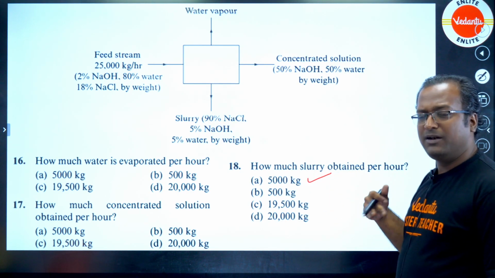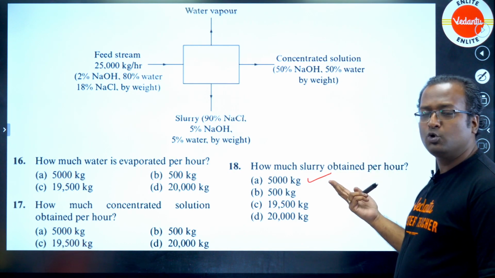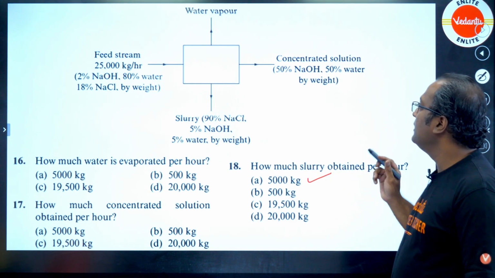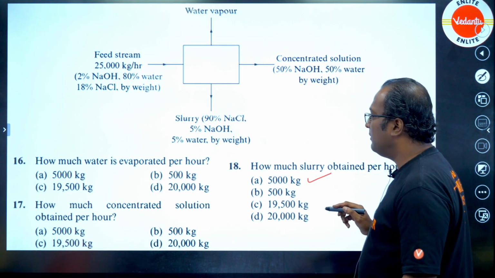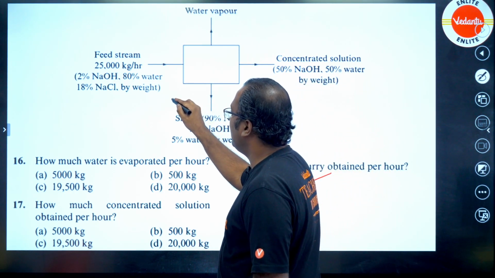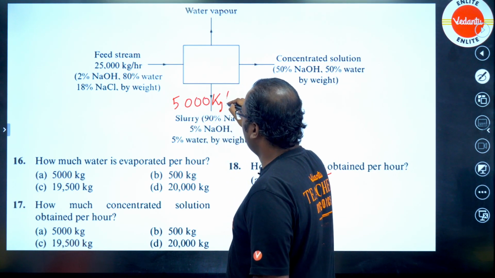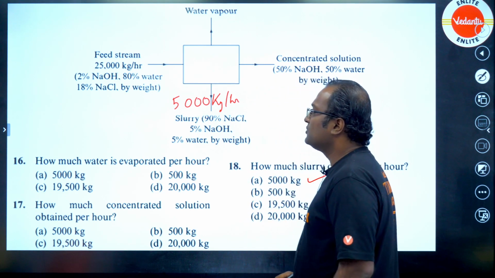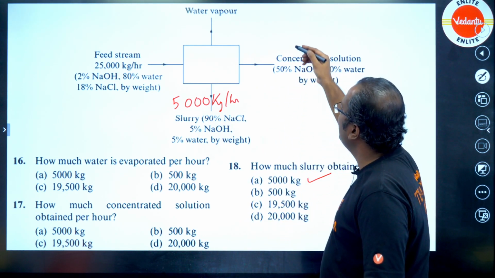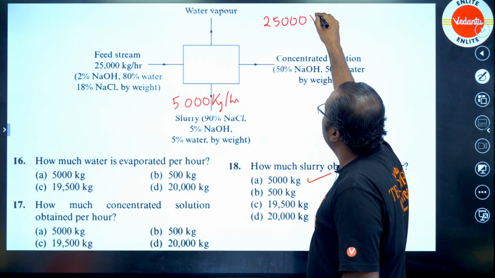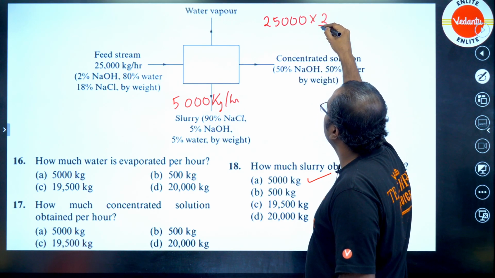So we have calculated on NaCl that was present in two streams. Now we talk about NaOH which is present in 3 streams. Mind you, I know the slurry flow rate now. The slurry flow rate now is 5000 kg per hour. So if I'm talking about NaOH mass balance, input NaOH is 25,000 into 2%.